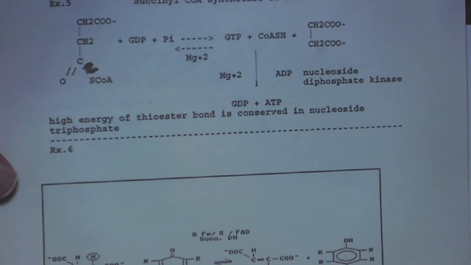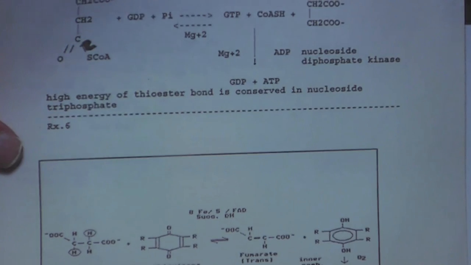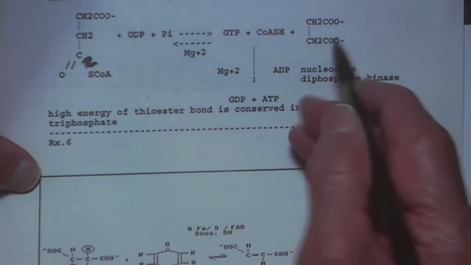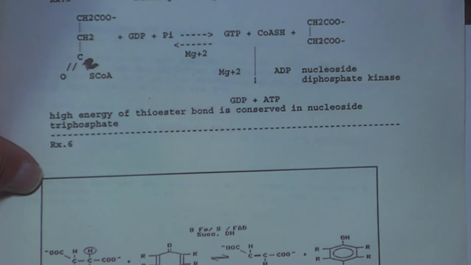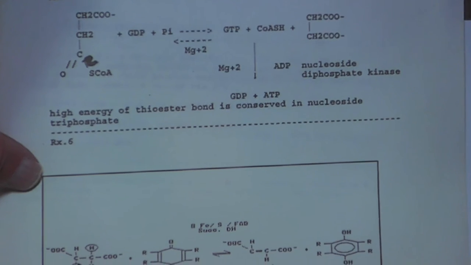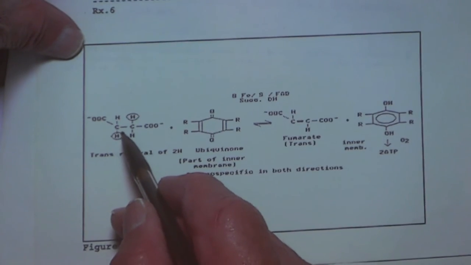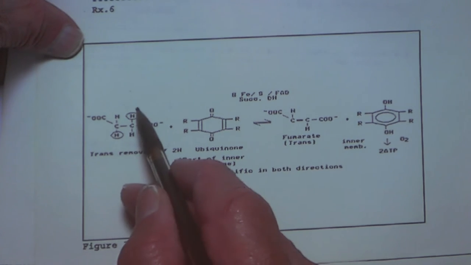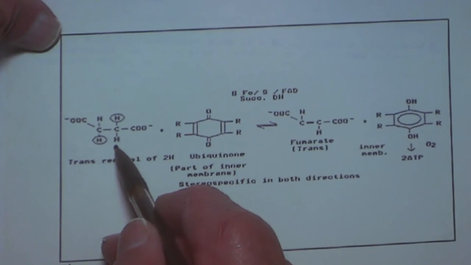Okay, now this next step is more complicated because we have made succinate as a product. Here it is. And succinate has the CH2 and CH2. Although we cannot sense if they are different, the enzyme can. So this hydrogen and this hydrogen are different than this hydrogen and this hydrogen.